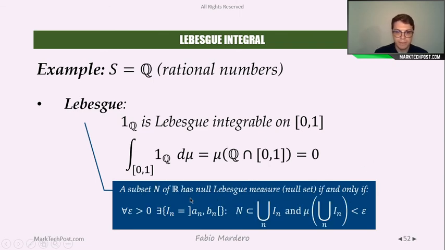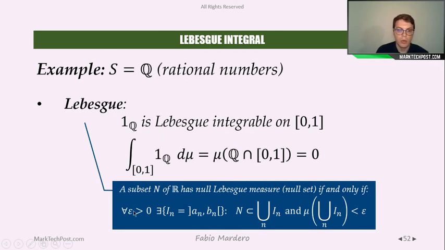This can be expressed in another way as a null Lebesgue measure. Null sets are an important concept in measure theory. Let's take a subset N of R, and this N has null Lebesgue measure, so it's a null set, if and only if it respects this formula.